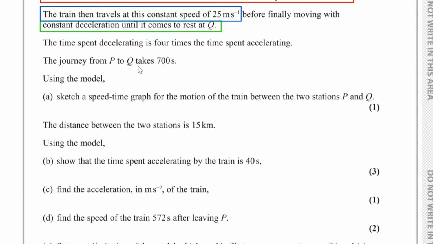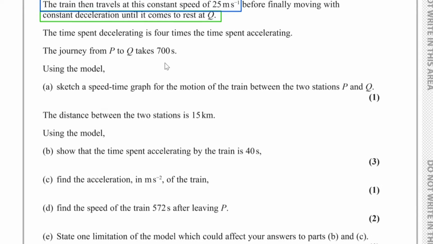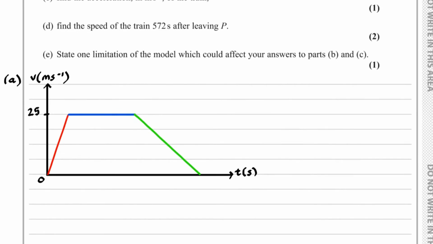And what we also know is the journey from P to Q takes 700 seconds. And so here we have 700 seconds.